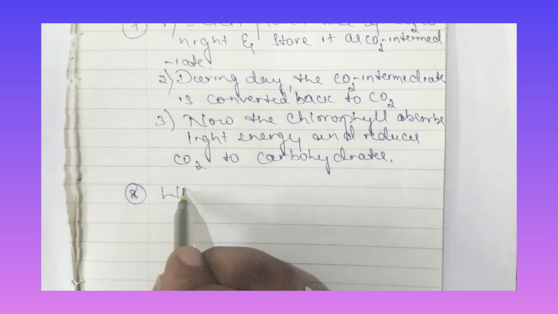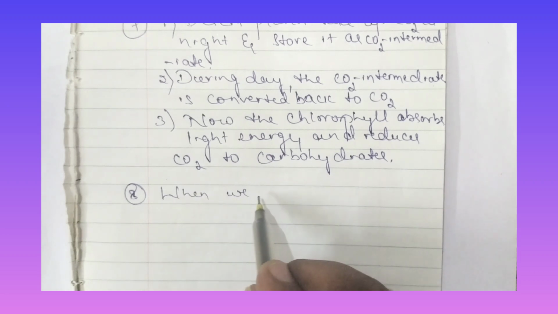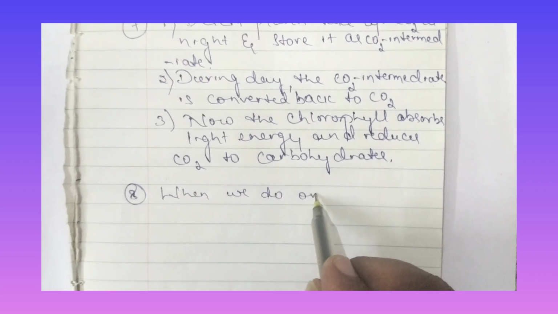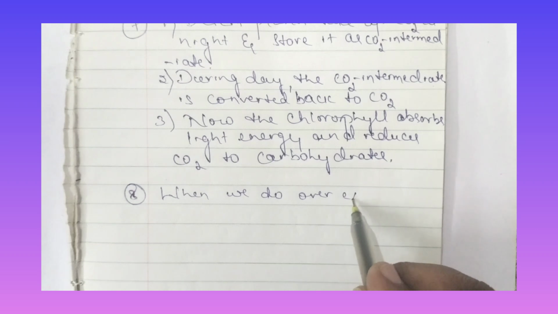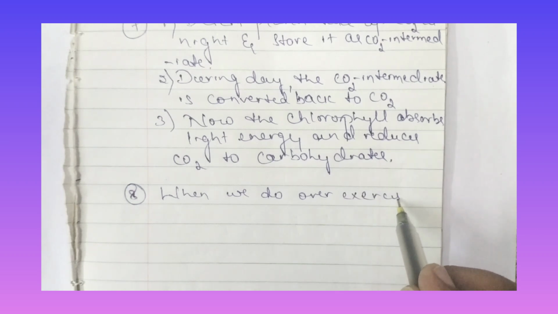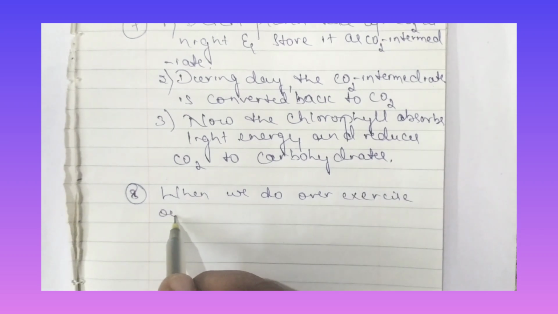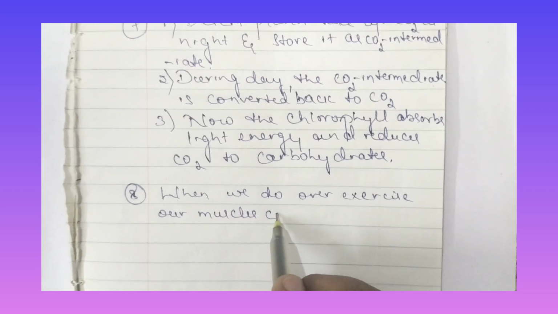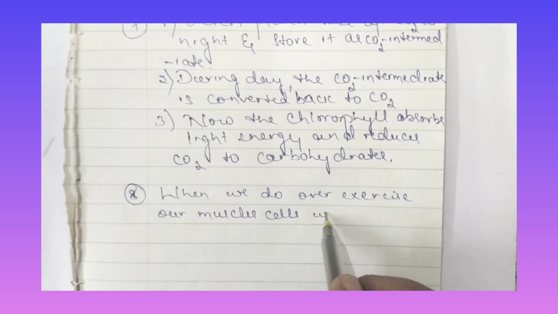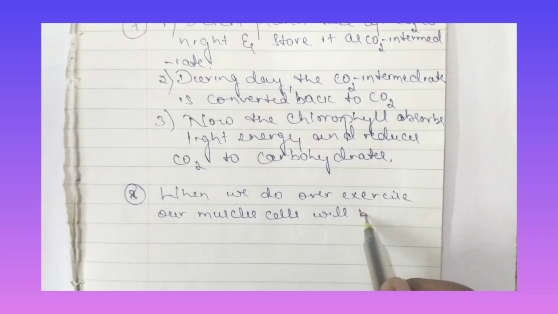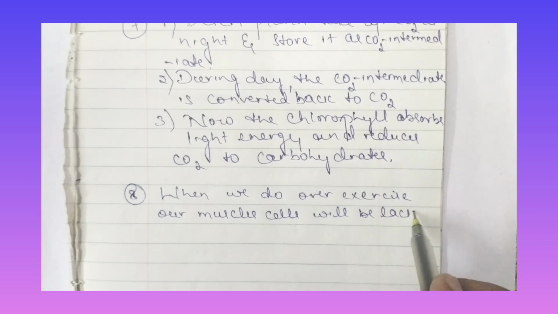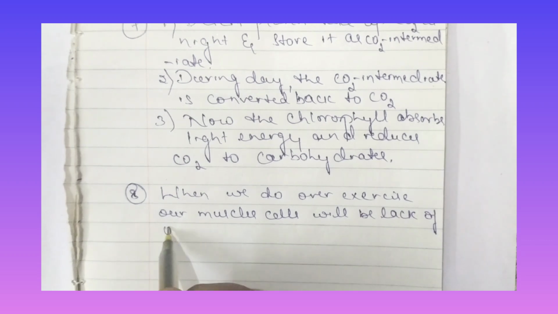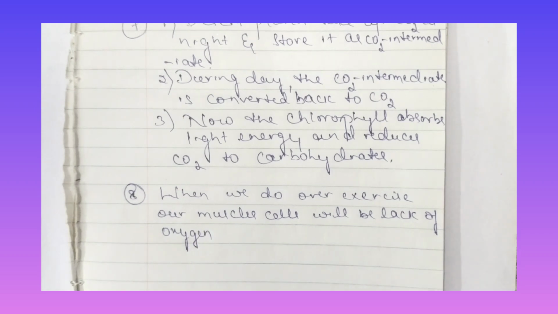When we over exercise, our muscle cells will lack oxygen.